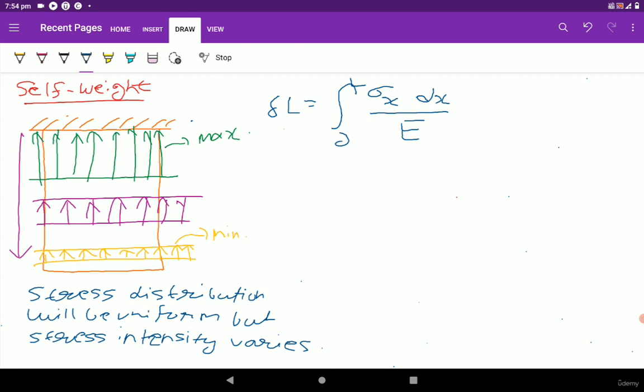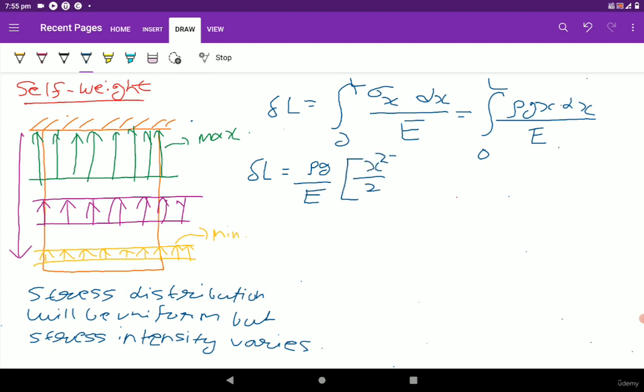So we can write sigma x as integral 0 to L rho g x dx divided by E. After further solving we get delta L is equal to rho g upon E times x square by 2 from 0 to L. After further solving, delta L will be equal to rho g L square by 2E.